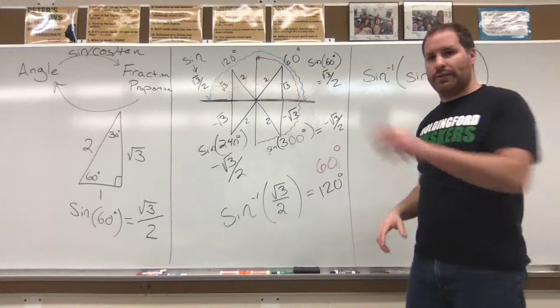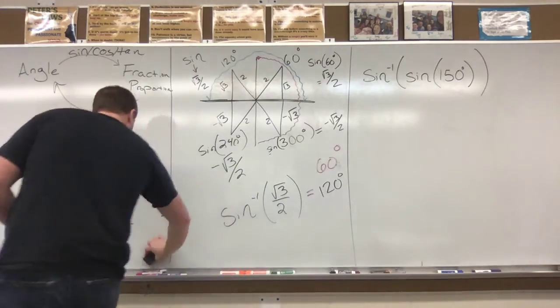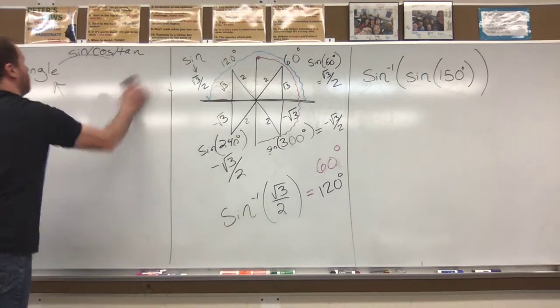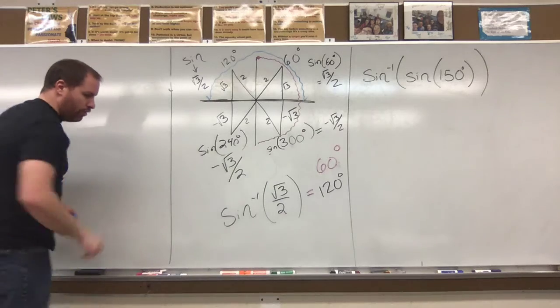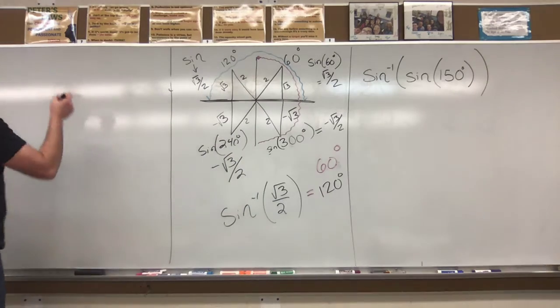So some things to review on that. We've got all this stuff. I'm going to summarize it in here, so we're going to clear this stuff out. Let's do sine inverse first.